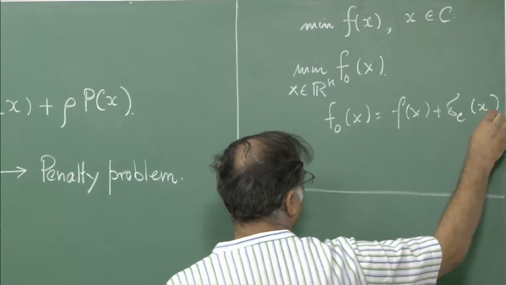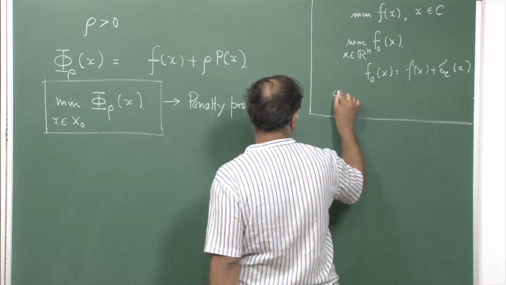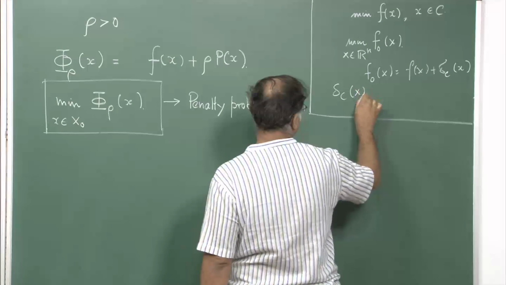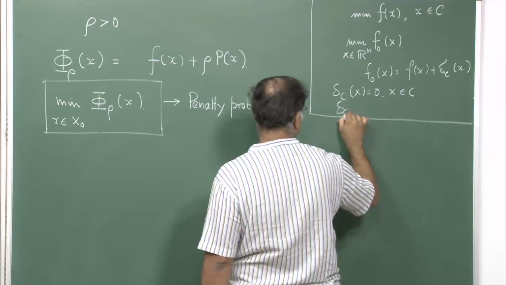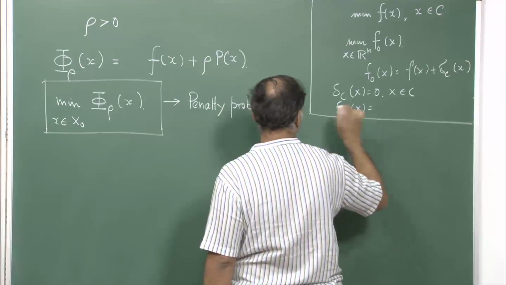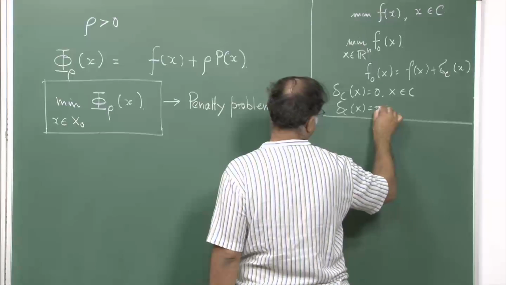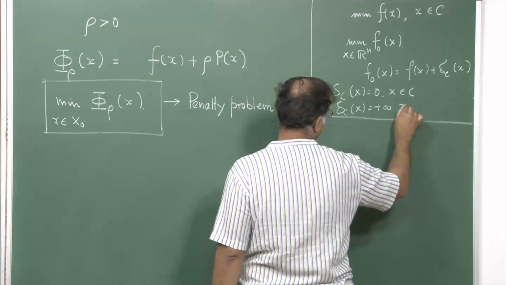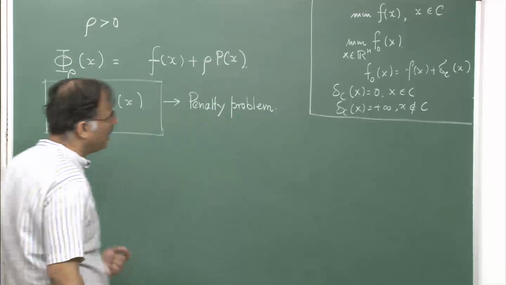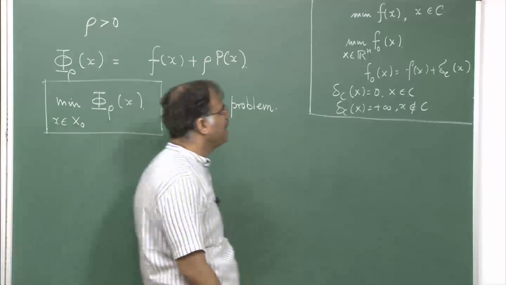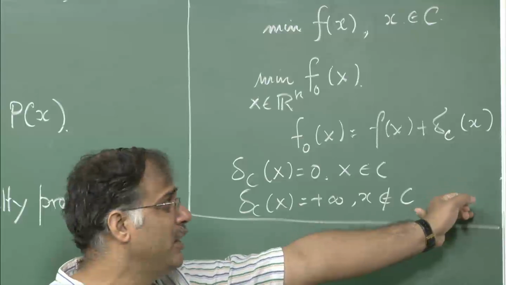plus delta C(x), where delta C(x) is usually called the indicator function of a set, where delta C(x) is 0 if x is in C and delta C(x) is equal to plus infinity if x is not in C. Theoretically, I can attach infinite penalty when the constraint is violated.